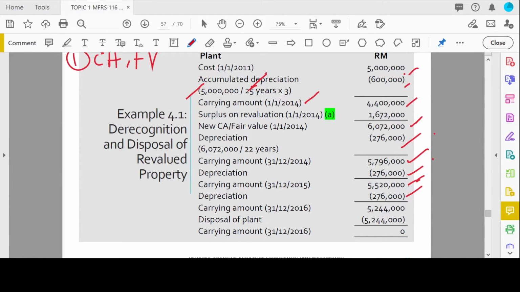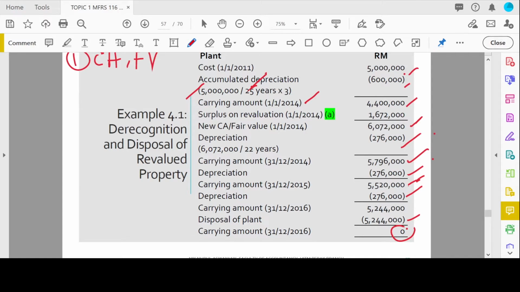So on disposal, what should we do? We are going to derecognize the carrying amount of PPE. So that's why I'm showing you a derecognition of the carrying amount of PPE. I derecognize everything, hence the new carrying amount after the disposal is 0.